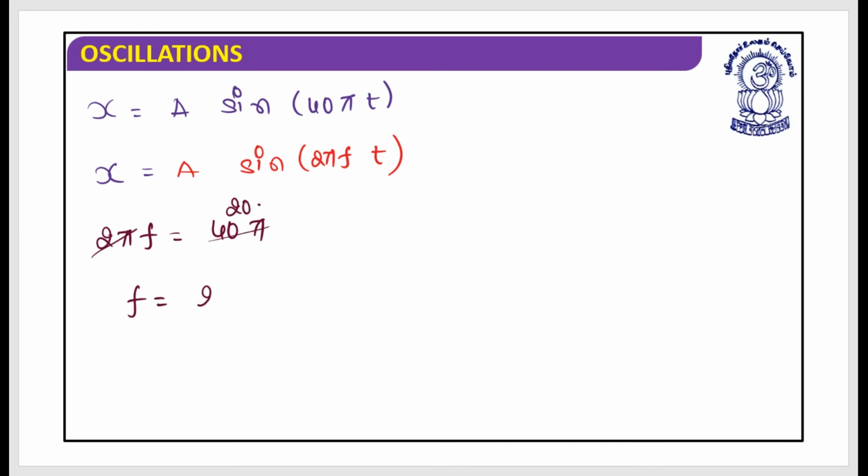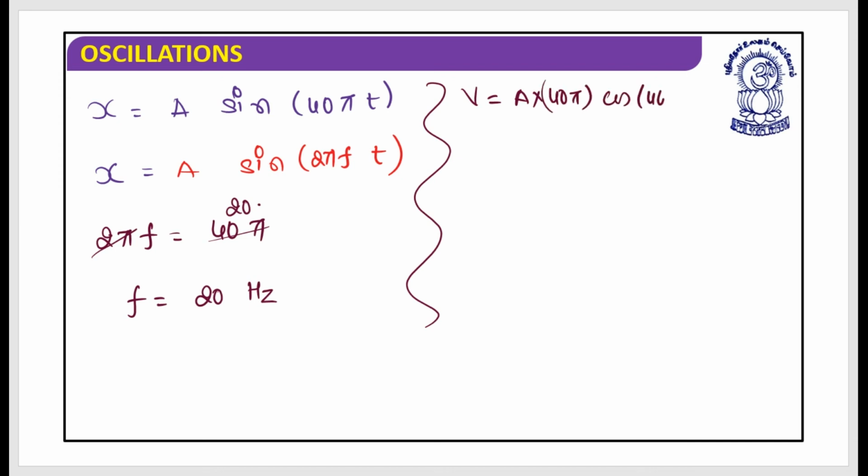So the frequency of the displacement is 20 hertz. If you want to try it for the velocity as well, then velocity could be given as a into 40 pi, because it's omega, cos 40 pi t. I need to compare this with a into omega into cos of 2 pi f into t. In the same way, the frequency of velocity.